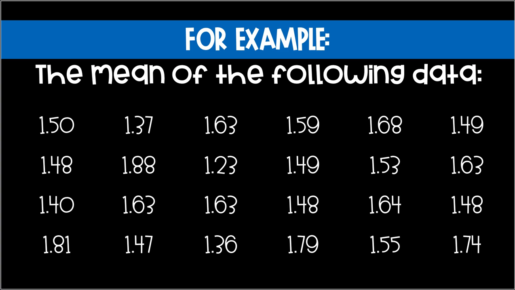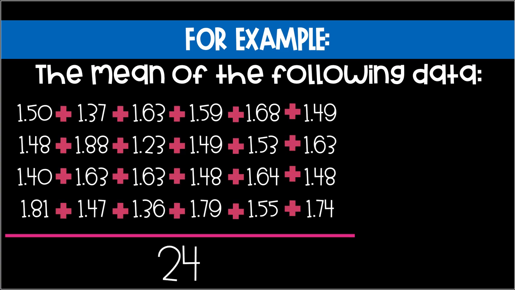Let's take this data, for example, the one that we have been using, the list of students' heights in a statistics class. If we were going to compute the mean for this data, we have to add all of our values and then divide by the total. We had a total of 24 values, and once you add them up and divide by 24, we get that our mean is 1.5616666666.